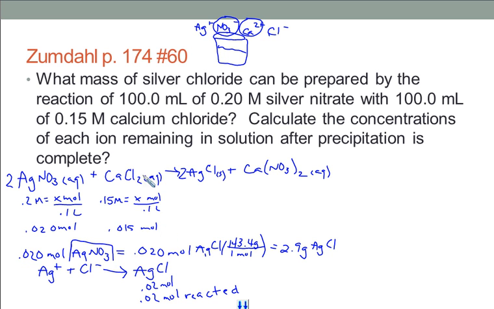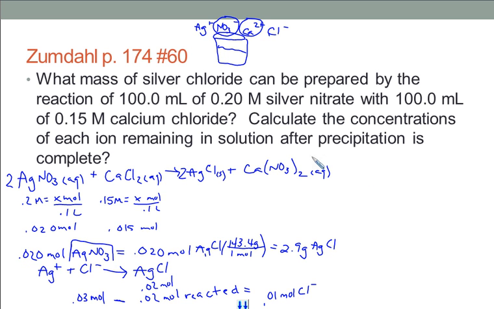We see that there are 2 chlorides for every 1 calcium chloride. So I started with 0.03 moles of just the chloride. And so to figure out how many moles were not reacted, I take the difference, 0.03 moles minus the 0.02 that did react, and I'll end up with 0.01 moles of chloride that did not react.